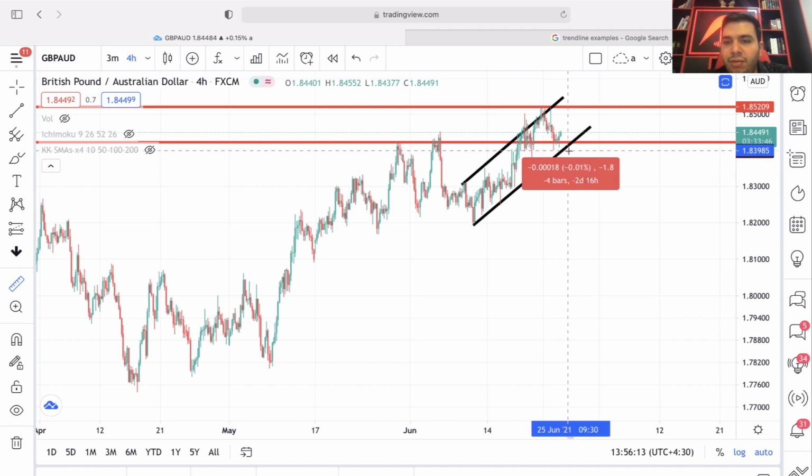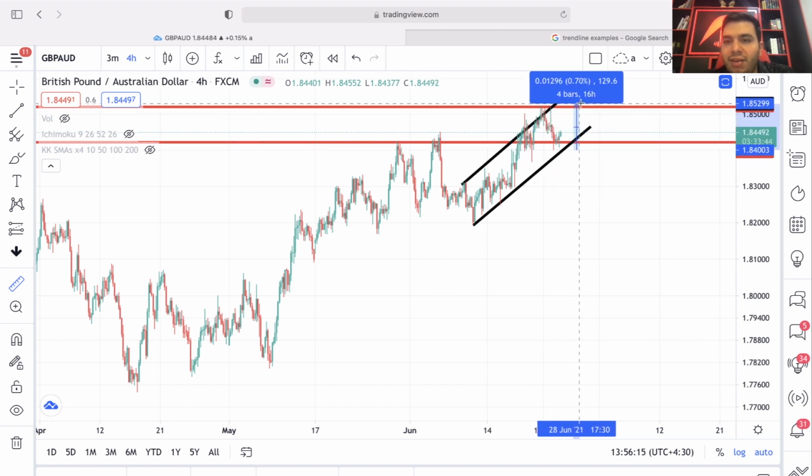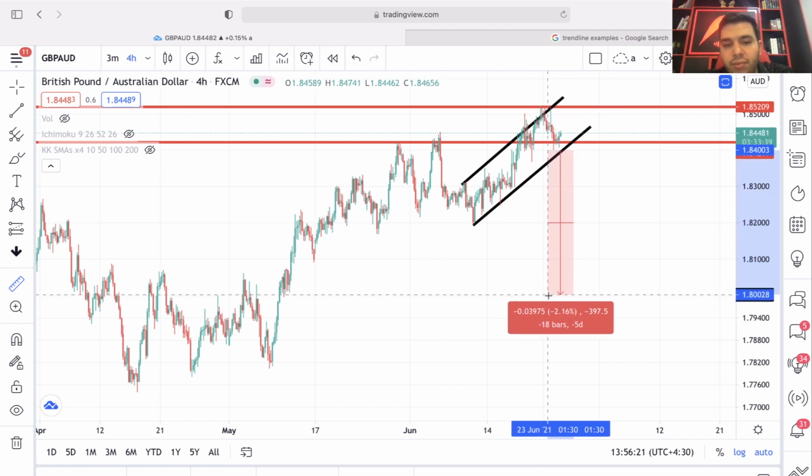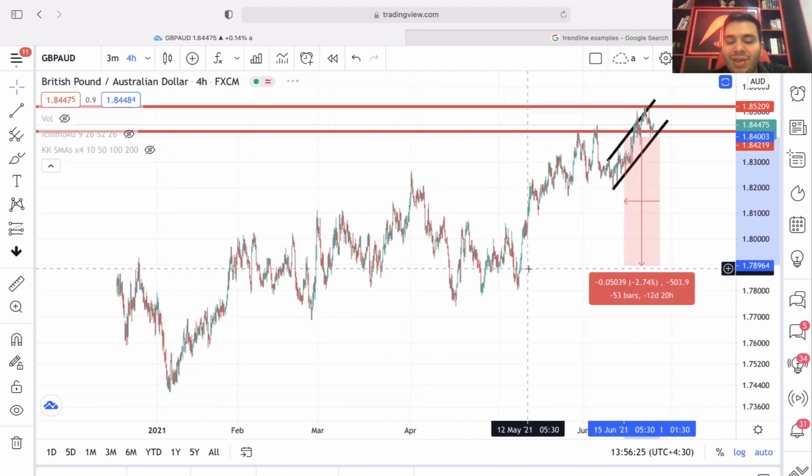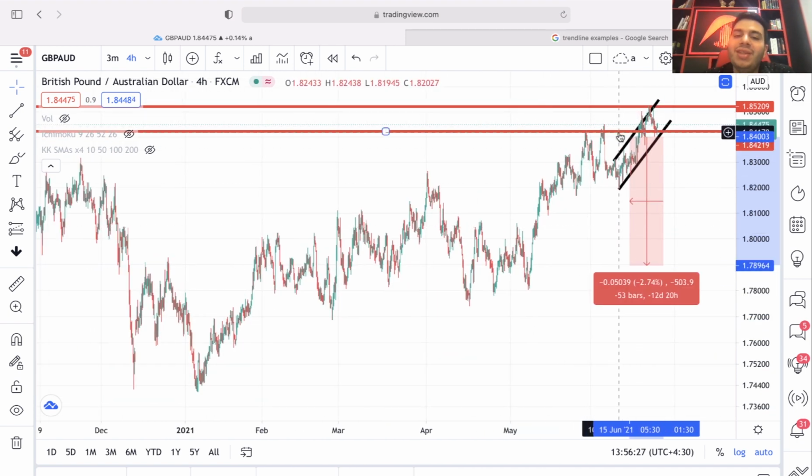For example, if we enter short position here, we have 130 pips stop loss, and also we have more than 500 pips take profit, okay, because it's a weekly resistance area.